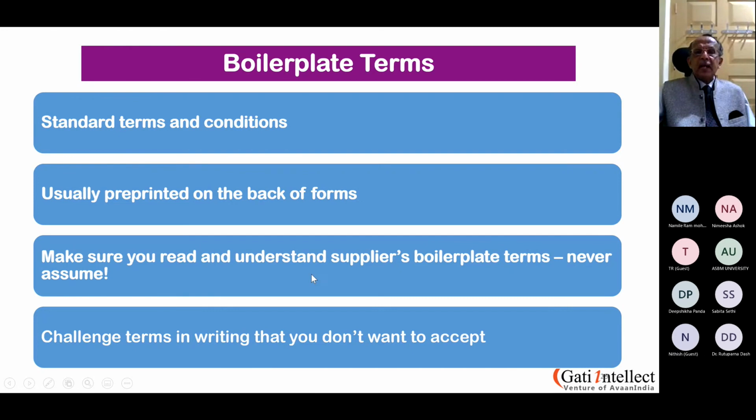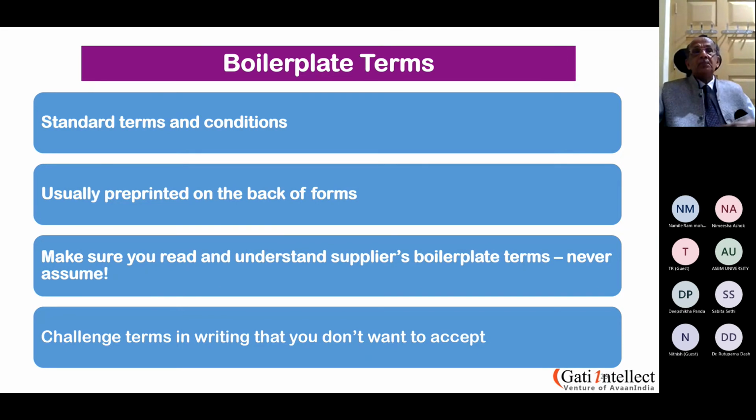Make sure you read and understand suppliers' boiler terms. Never assume. You have to ask questions. You have to put it very clearly: we do not accept boiler terms. You have to specify all charges applicable in this particular scenario.